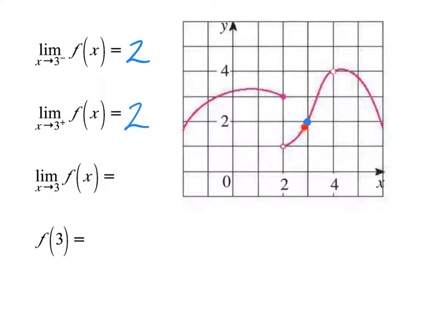In this case, they're both approaching the same thing, right? They're both approaching 2. And I know that, of course, because I just did them up here. And so then my answer here is 2. In order for me to be able to actually answer that one, I had to be able to know the limit from the left and the right to be the same. And we'll see some examples where that may not be the case later. And then the last one, we don't want to forget about the function notation, just what's the value. What is the value of f of 3?